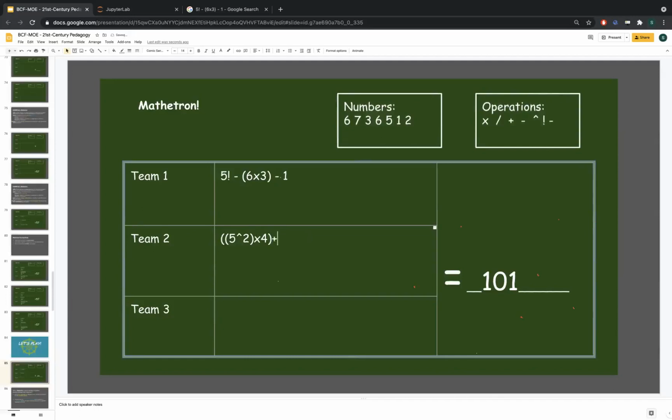Plus 1. Okay, sir, could you please delete the second bracket? Well, it doesn't look like we have 4 in our list of numbers.